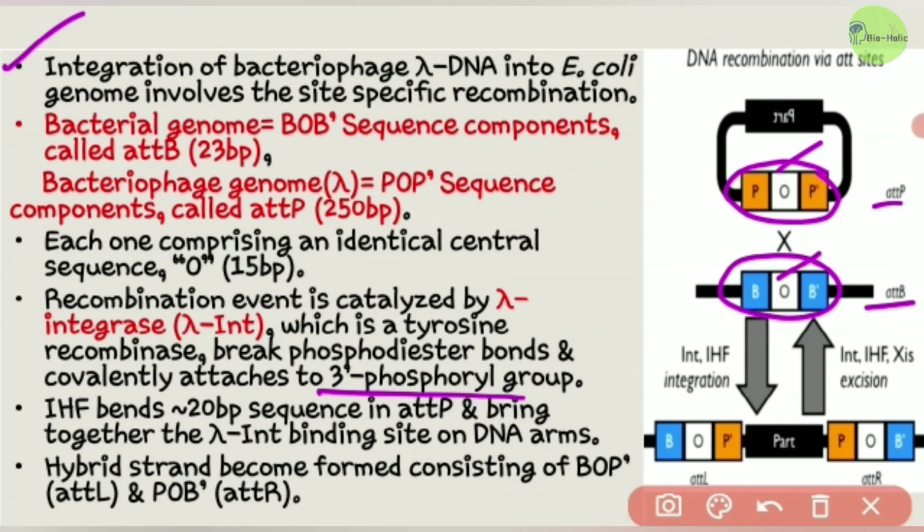So here IHF or integration host factor bends a roughly 20 base pair sequence in attP and brings together the lambda integrase binding sites on DNA arms. And lastly, hybrid strands are formed, consisting of BOP', which is called attL, and POB', which is called attR.